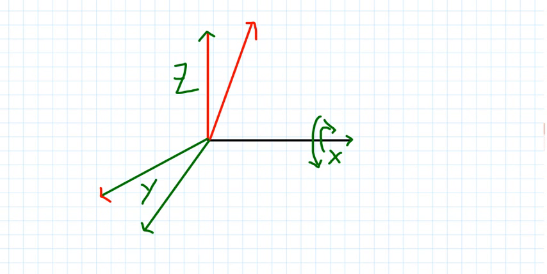Make these lines dotted. So what actually happened here is you have used the x-axis as a screw and rotated it in this clockwise direction.